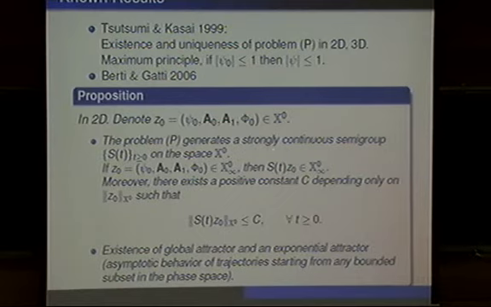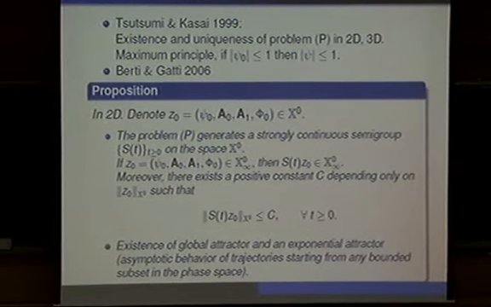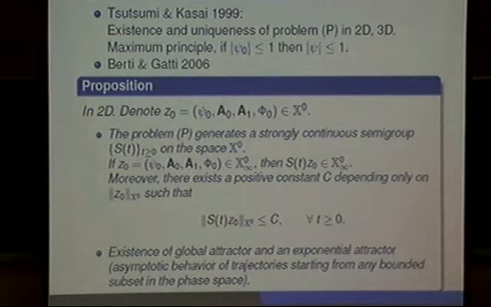In particular, if the initial data belongs to this phase space, then that's the solution. Moreover, they show a uniform bound of the solution in the X0 norm for all time. The constant C only depends on the initial data of the system and also the physical parameters. In their paper, they also proved the existence of a global attractor and an exponential attractor.